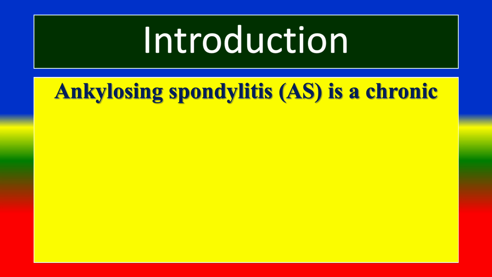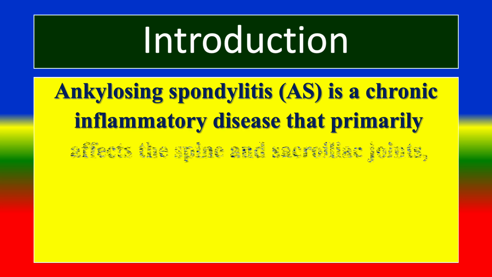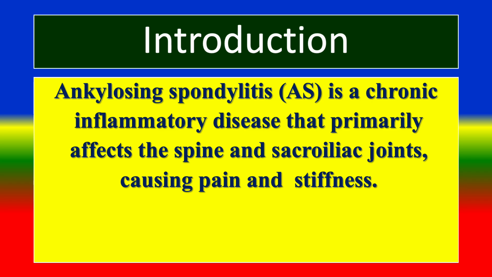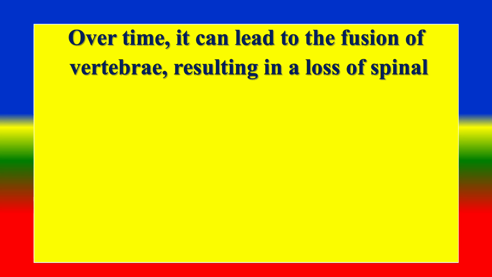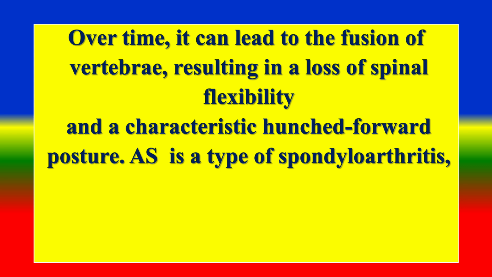Introduction. Ankylosing spondylitis is a chronic inflammatory disease that primarily affects the spine and sacroiliac joints, causing pain and stiffness. Over time, it can lead to fusion of vertebrae, resulting in a loss of spinal flexibility and characteristic hunched forward posture.